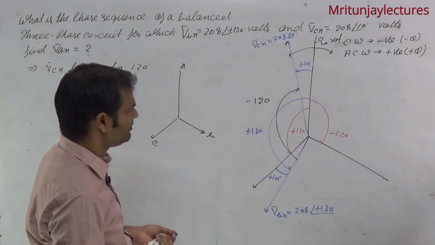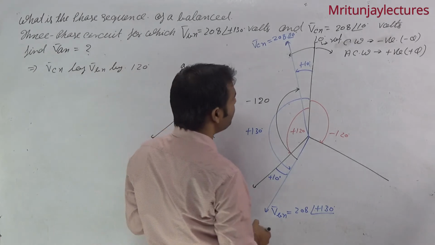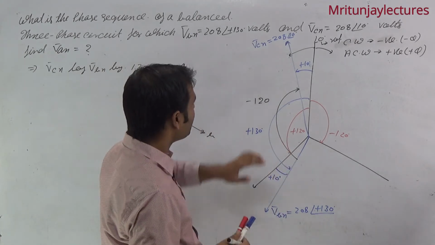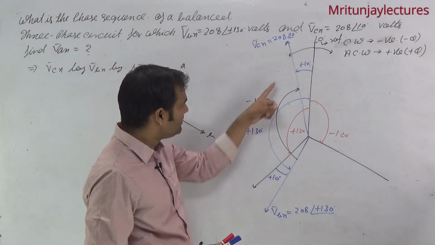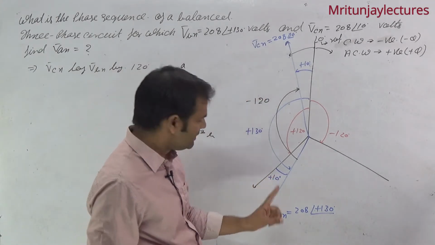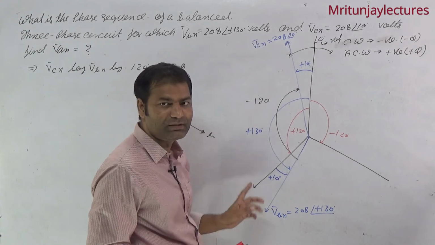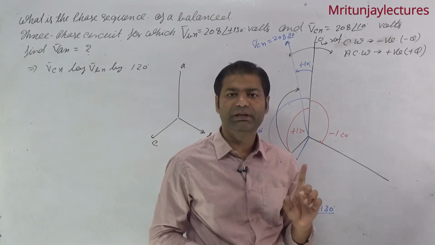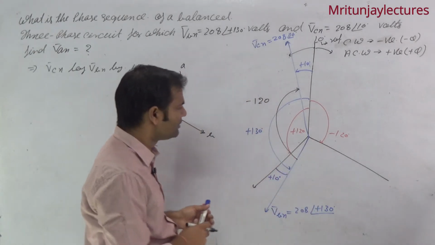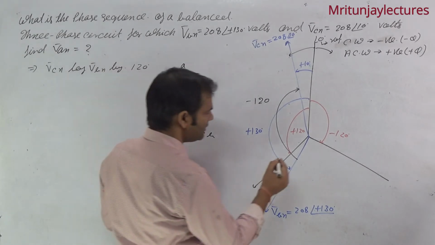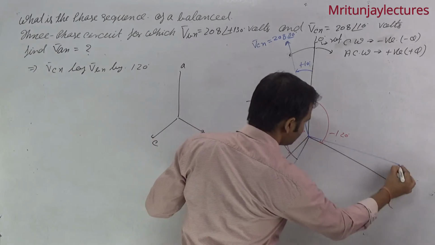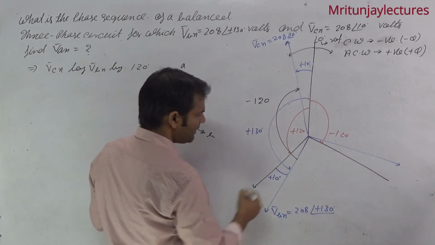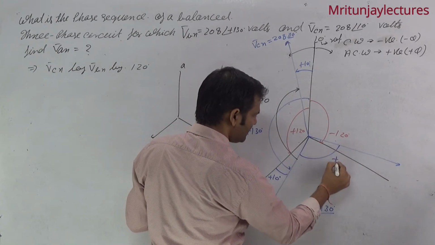If in doubt, check another way. I know that the angle between phase A and B is 120, and between B and C is 120, and also between B and A is 120. So if you want to find A, this one is also 120.